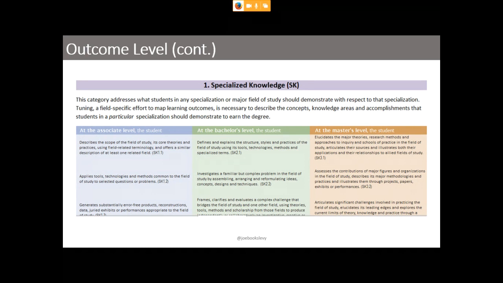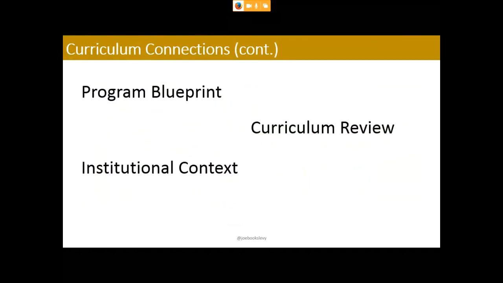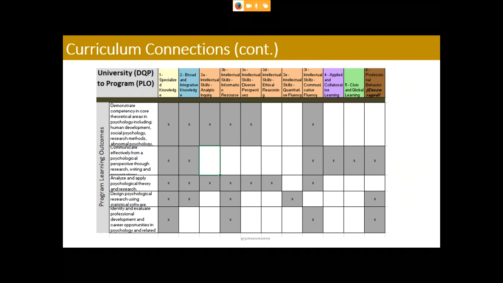Another way is institutions might adopt one of these themes. But what we actually did, sorry for the background on the DQP, was that we had a professional behavior theme that we thought to add. One of the things with the Degree Qualifications Profile is they tell institutions that this is a framework you can add to.